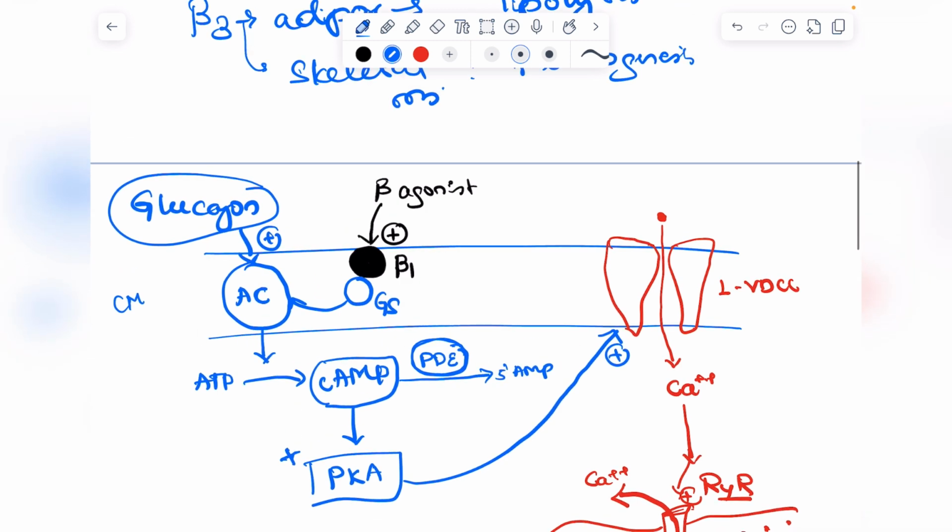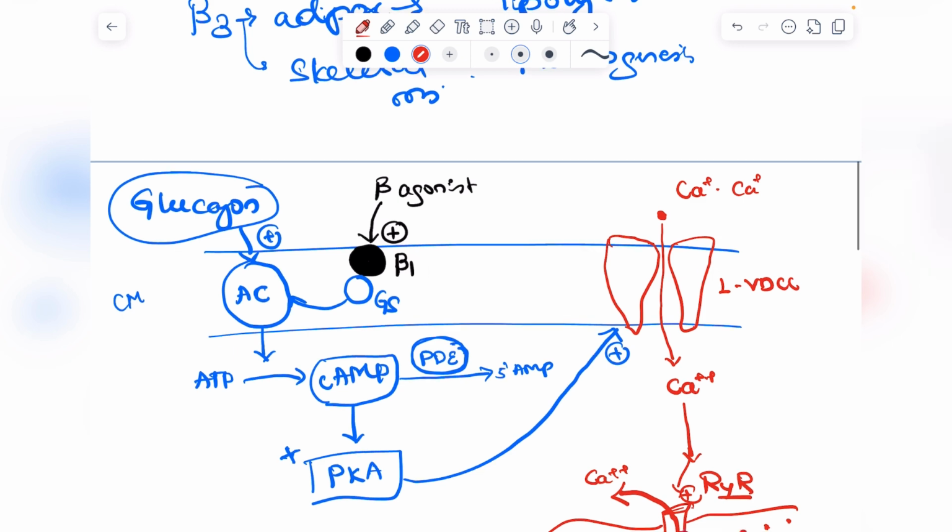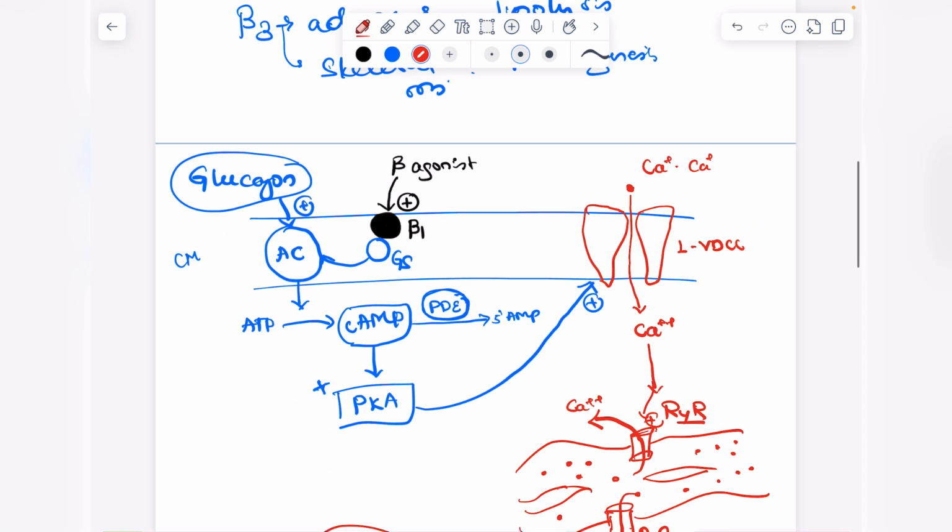There is also extracellular calcium. If I increase the extracellular calcium, more calcium will enter the cells. That also you have to remember, as it helps in the treatment management of this condition. So this is the basics that you have to remember before proceeding to the features and management of beta blocker toxicity. So let's proceed to beta blocker toxicity.